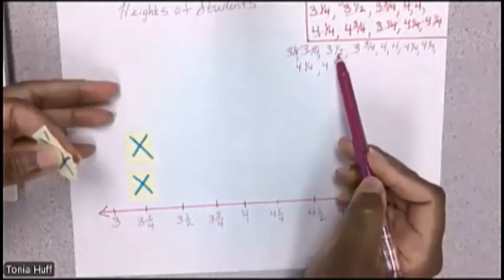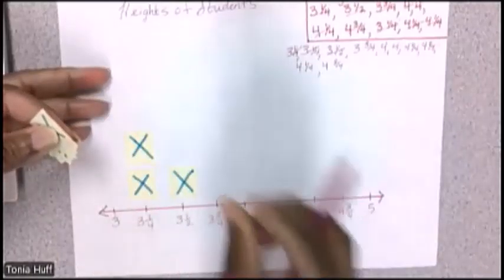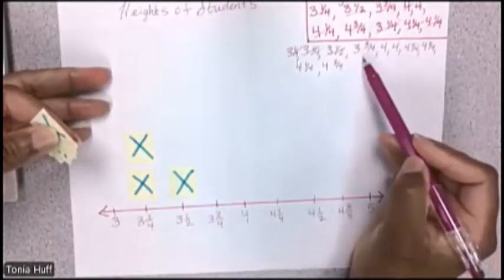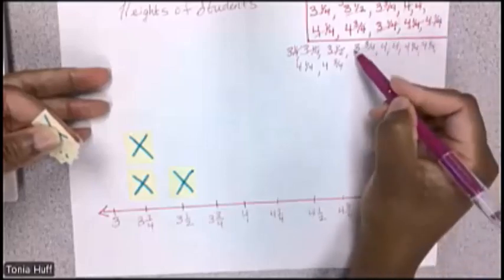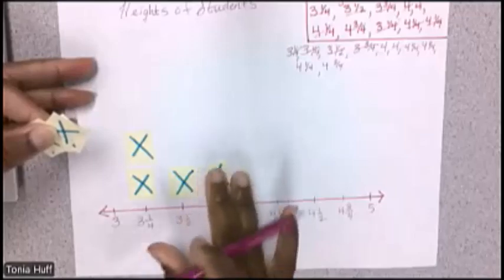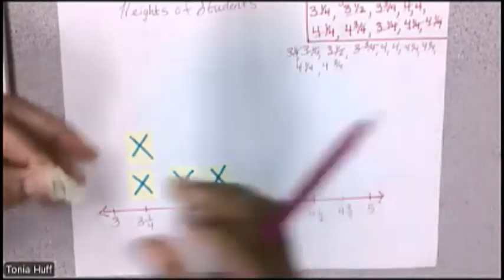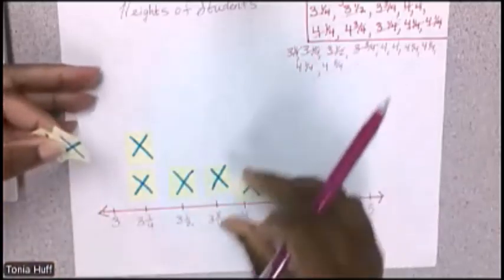Then I had one person who was 3 1/2 feet high. So I'll give them one X there. Then I have one person who was 3 3/4 feet high. So we'll put an X there for that person. 4 and 4. So I have 2 people who are 4 feet tall.